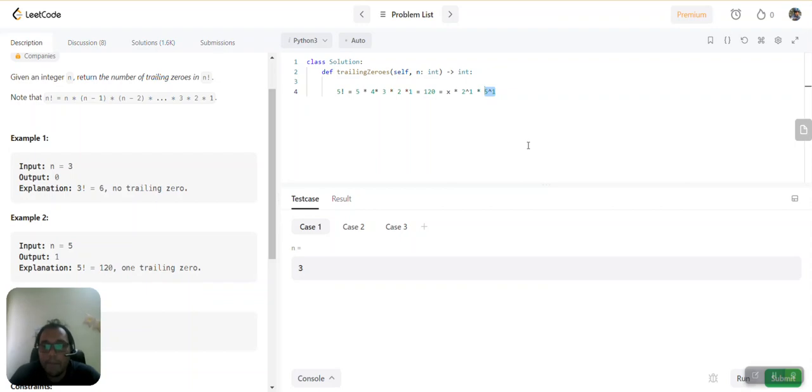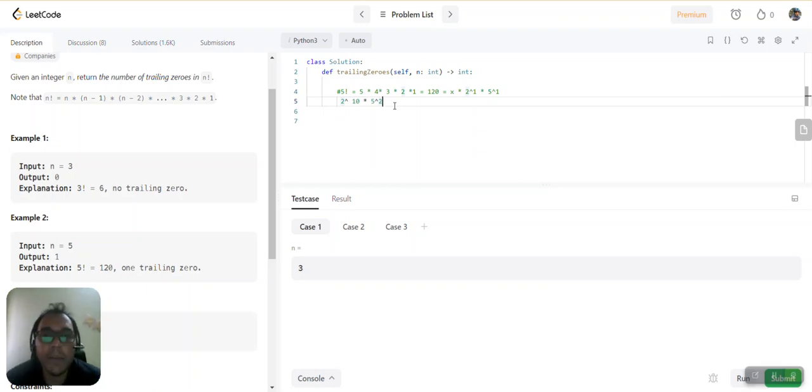And since 5 powers would be less, we need an equal amount of 2's and 5's to get a 10. Suppose for a given number's factorial, we have 2 power 10 and 5 power 2. In this case, we can make only 2 10s since we have only 2 5's.